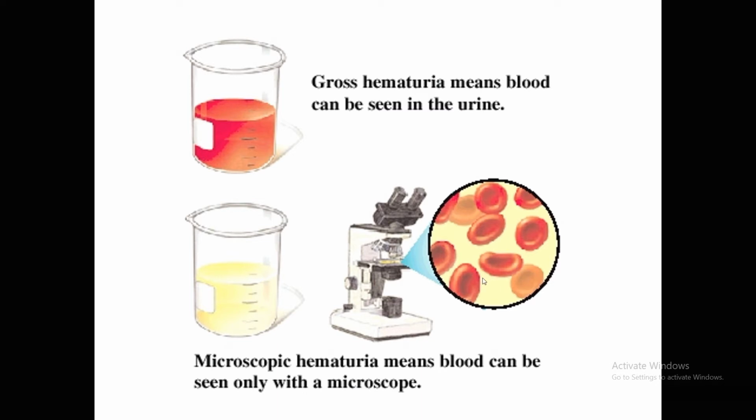It may be due to a renal disorder, for example glomerular damage, or also extrarenal generated into the ureters or into the bladder, for example calculi, tumor, inflammation of the urinary ways.